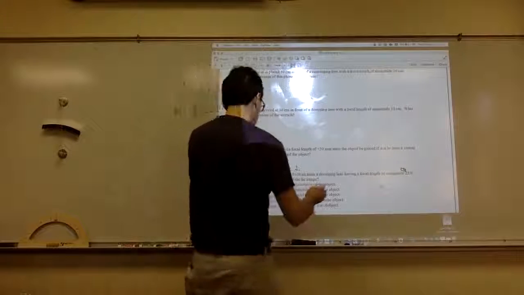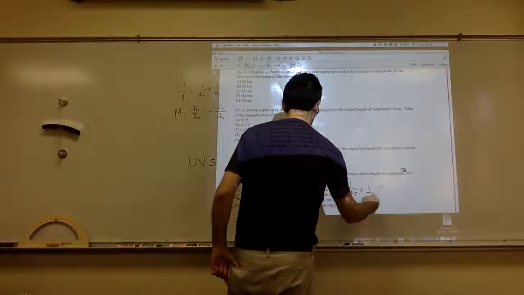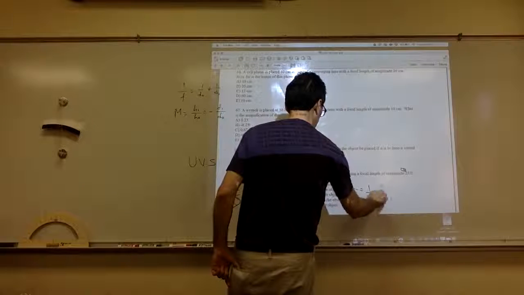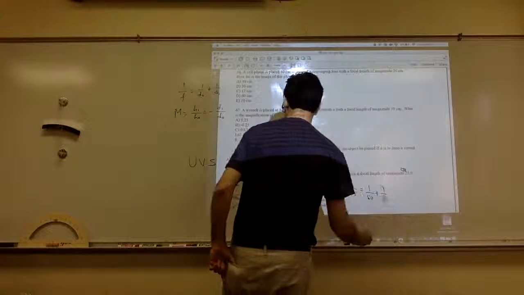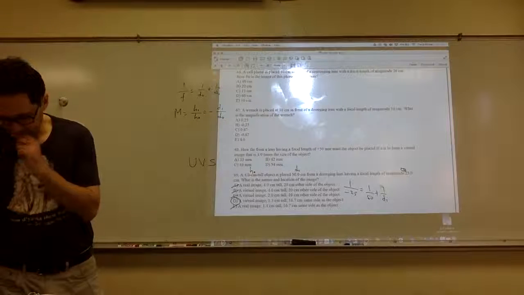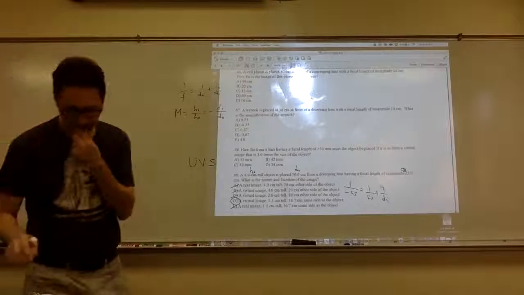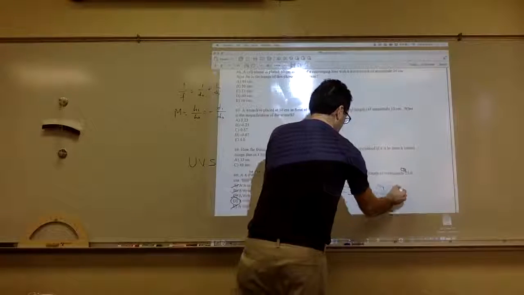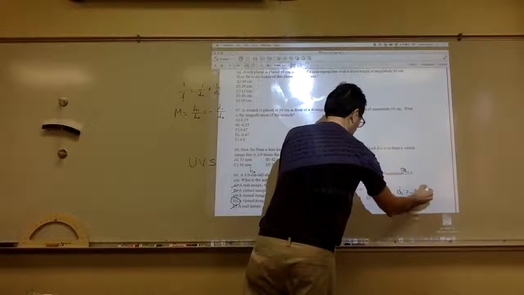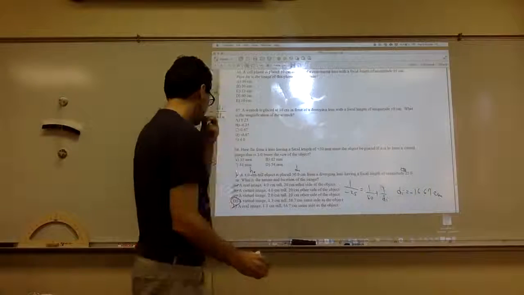So we can do 1 over negative 25 equals 1 over 50 plus 1 over DI. And we get DI equal to negative 16 and 2/3 centimeters.